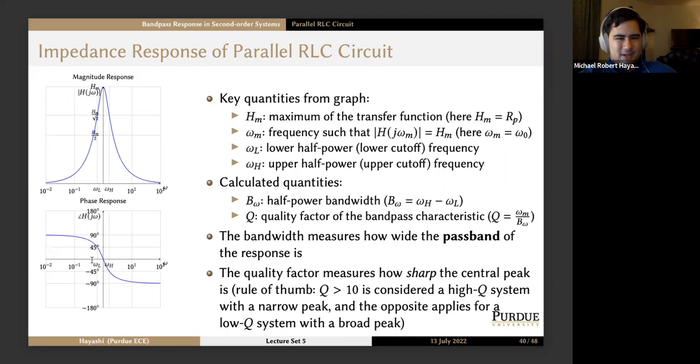Either definition is okay. Most people prefer to think in terms of the magnitude response. And notice that at omega_m, the phase is exactly equal to 0. The circuit behaves like a resistive circuit, adding neither phase lead nor phase lag to an output cosine.